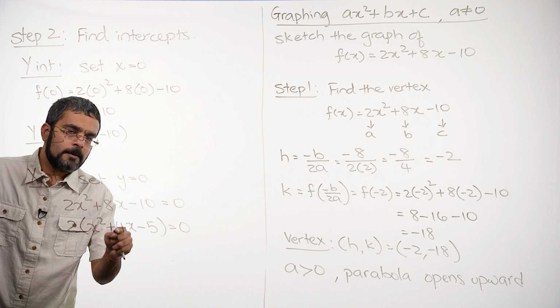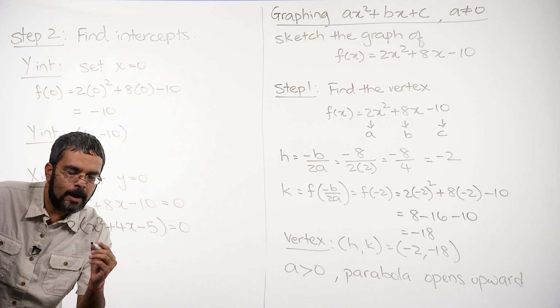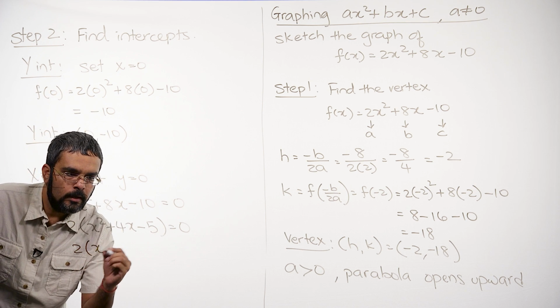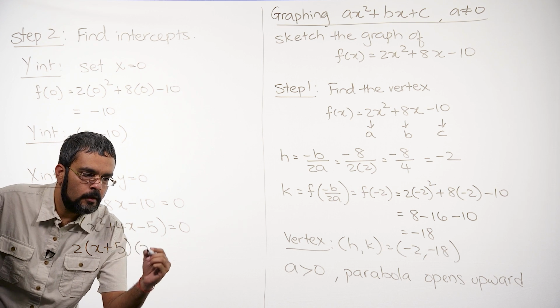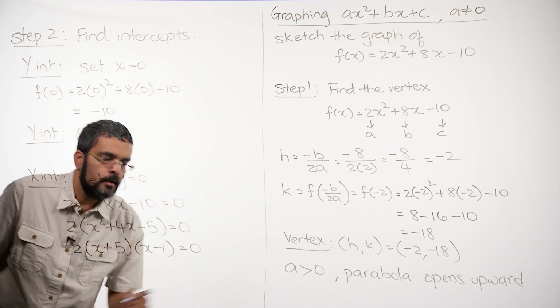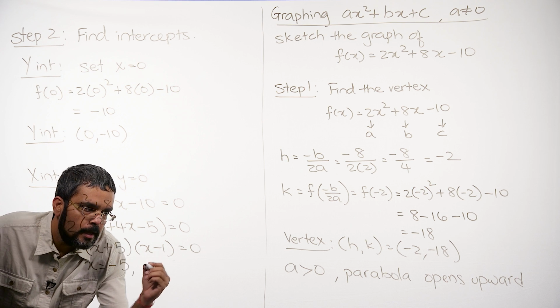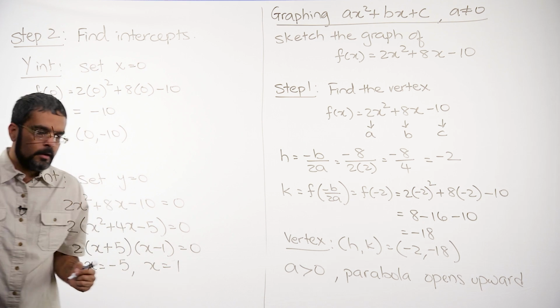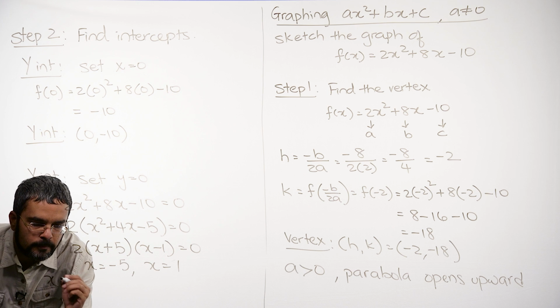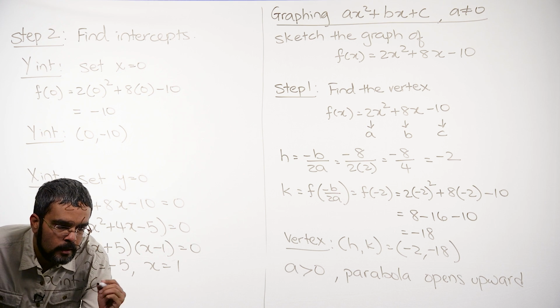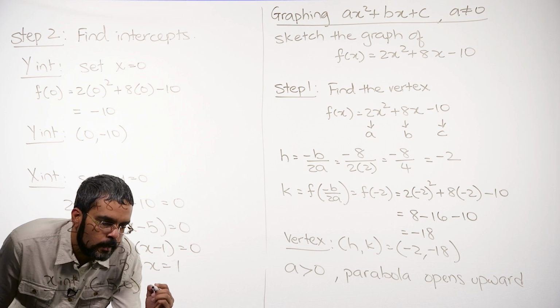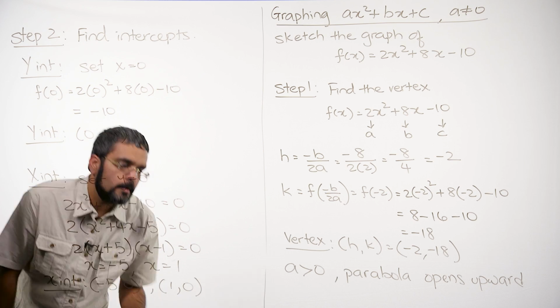Now, x squared plus 4x minus 5 can be further factored into x plus 5 times x minus 1. And so I have x equals negative 5 and x equals positive 1. So my x-intercepts are negative 5 comma 0 and 1 comma 0.